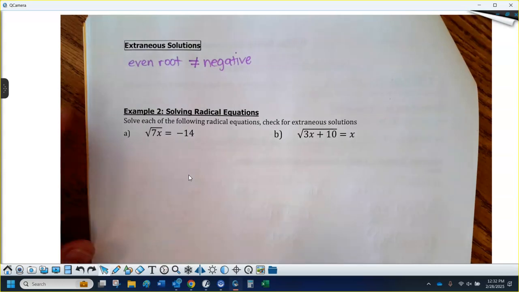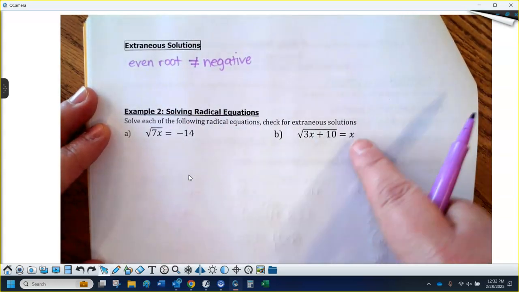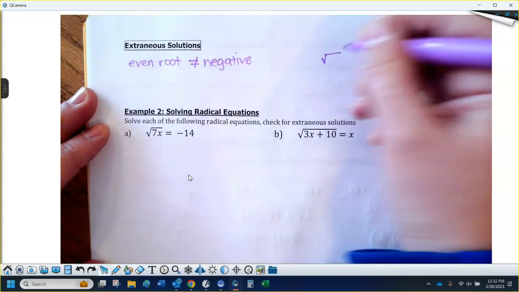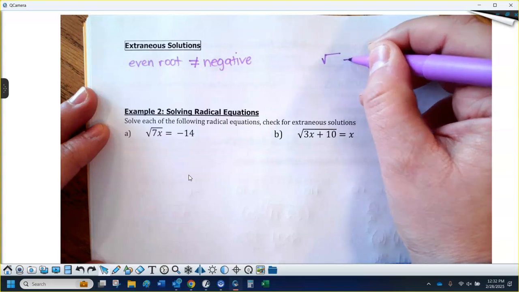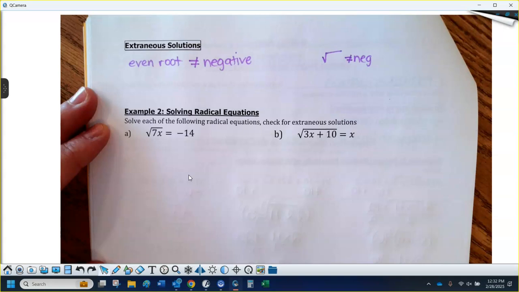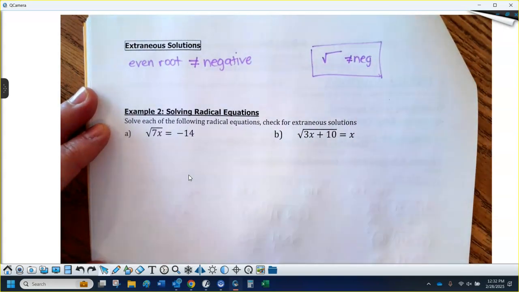So the problem is if we have an expression, like when I isolate the radical, I've got an expression on the other side. So whatever is under the square root cannot be equal to a negative number, and that's what we're going to check. I'll show you how to do that. But what happens is we can introduce an extraneous solution when we square both sides because that can cancel out a negative.